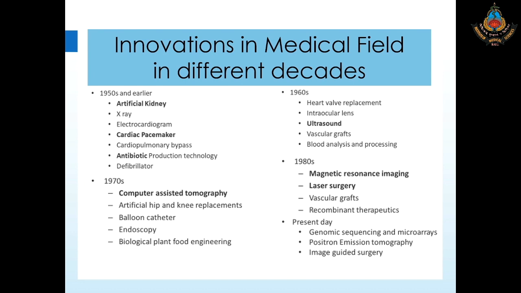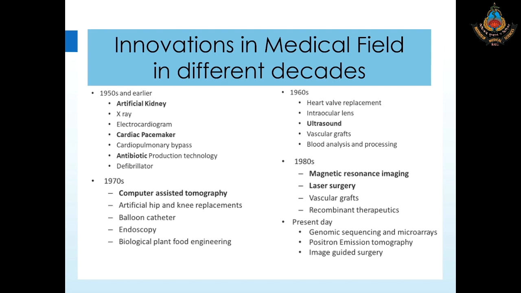Artificial hip and kidney transplant were introduced in the 1970s. The balloon catheter is used to remove the heart block area, and endoscopy is used to explore or visualize the hidden areas of the body.